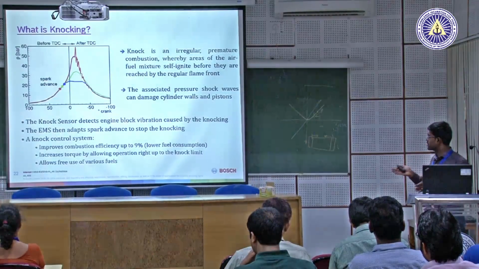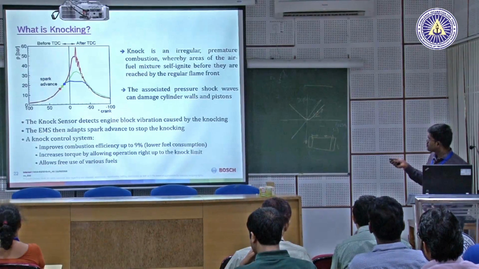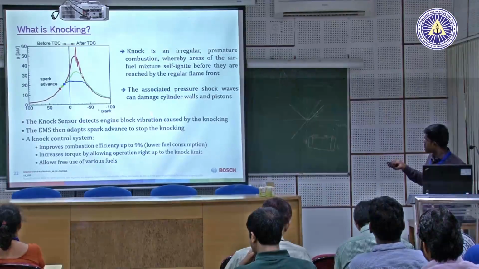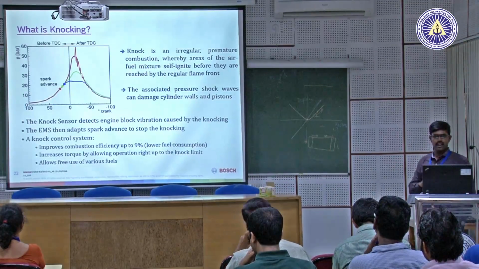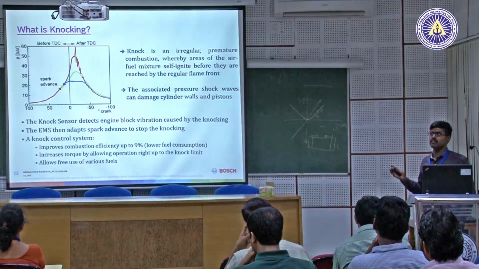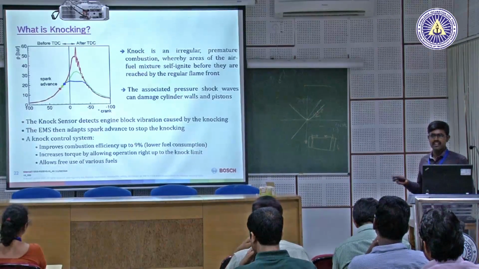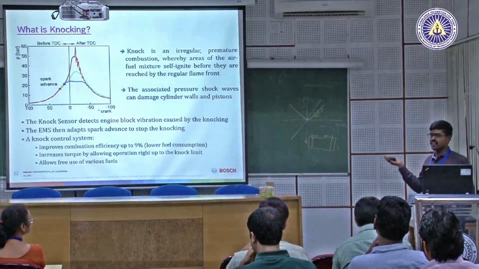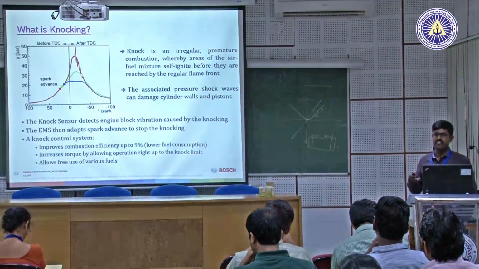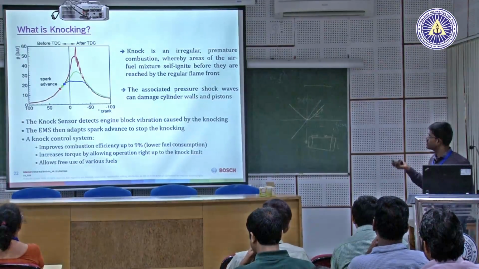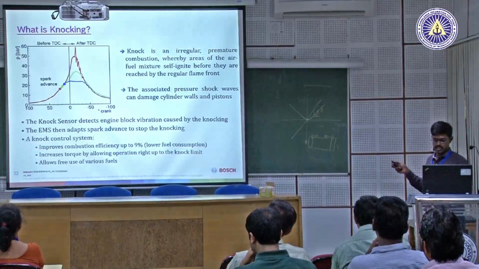To make it efficient, these vibrations are given as input to the ECU in terms of voltage, and the ECU will control the timing and all these phenomena. That is how the knock sensor works.